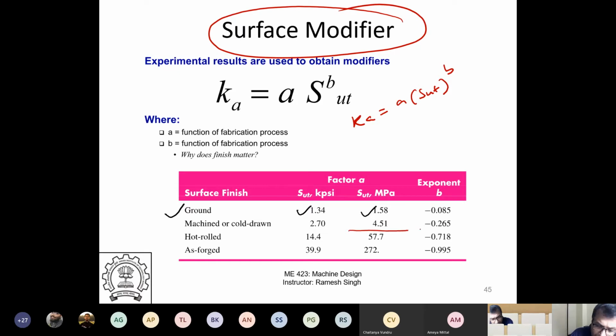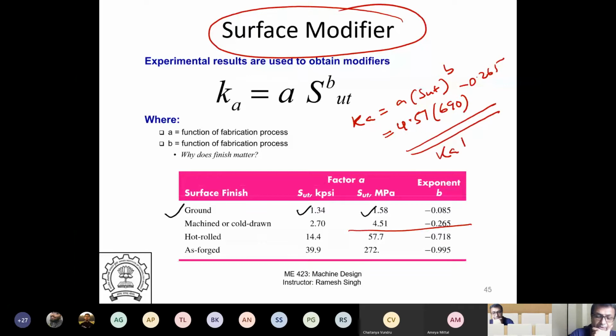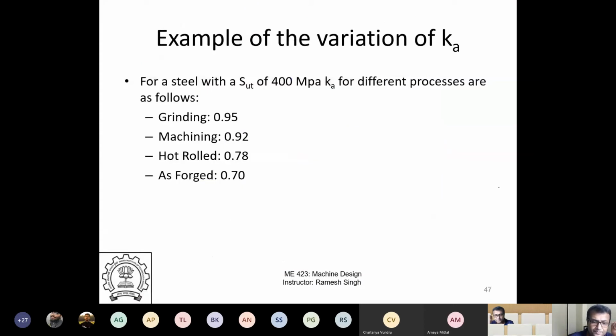So in MPa, a is 4.51. Our SUT we found from the chart just now is 690, right? And b is minus 0.265. So this will be my Ka for this condition. It's a machined part, so I have to account for the modifier because of surface roughness. So first one, surface modifier Ka. I found Ka, right? What is the next one?